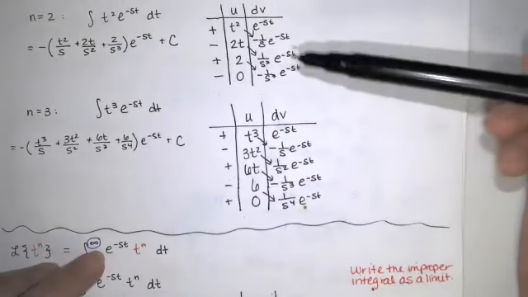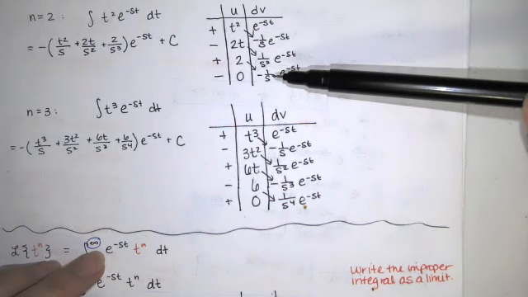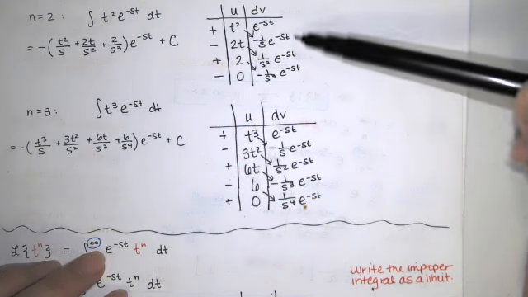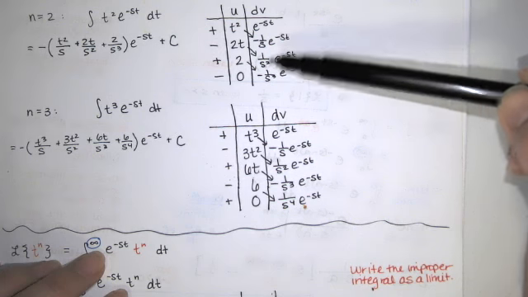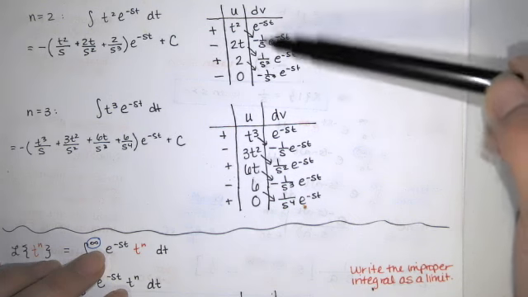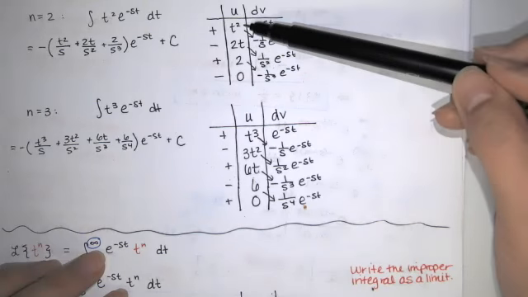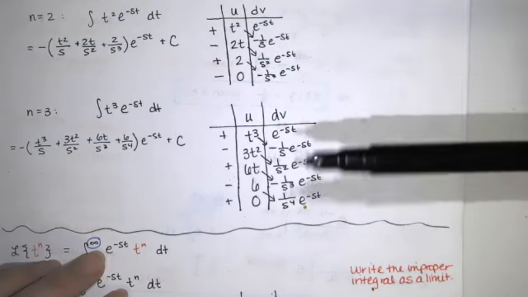Well, when n was equal to 2, we differentiated 3 times, and we antidifferentiated 3 times. So I actually multiplied this by a factor of negative 1 over s 3 times when n was equal to 2. So it was 1 more time than our n value. So I think I have to multiply by negative 1 over s n plus 1 times.